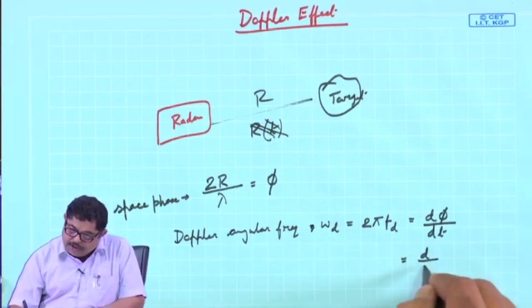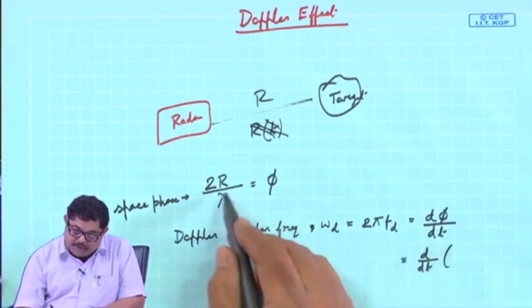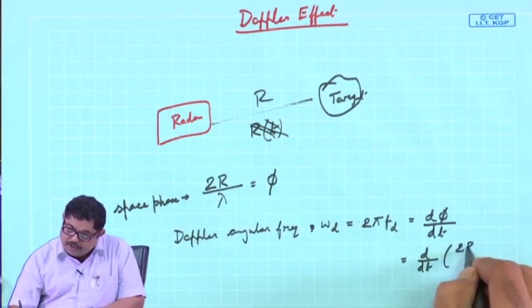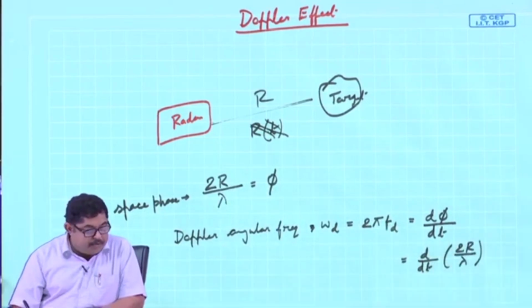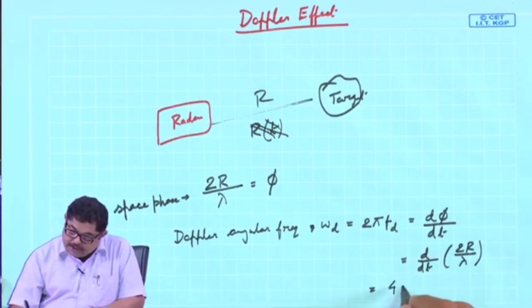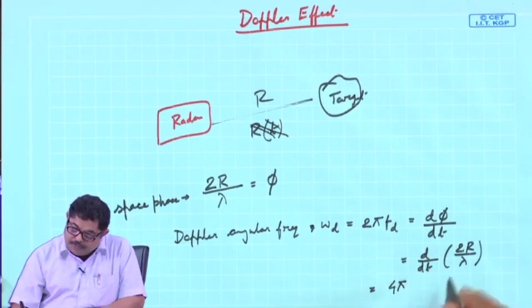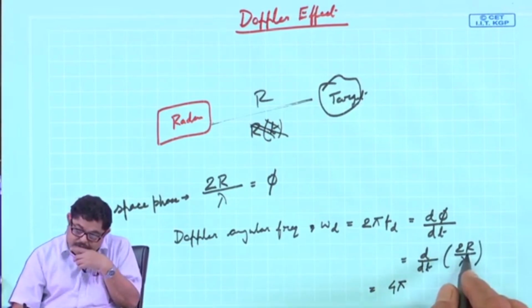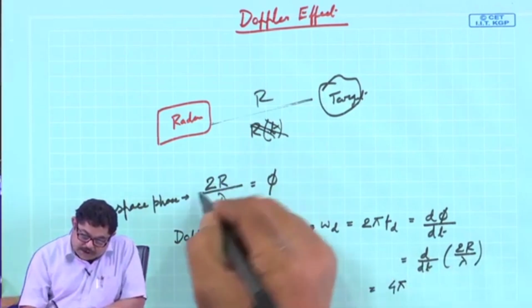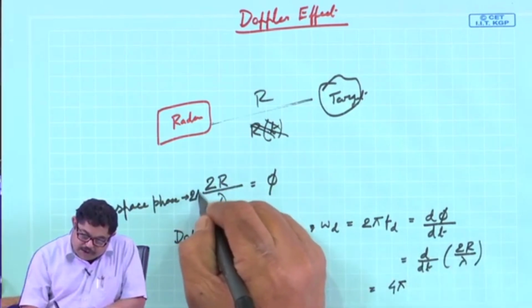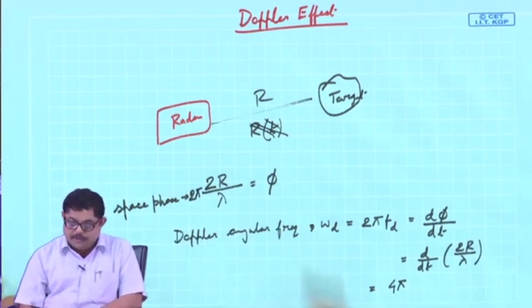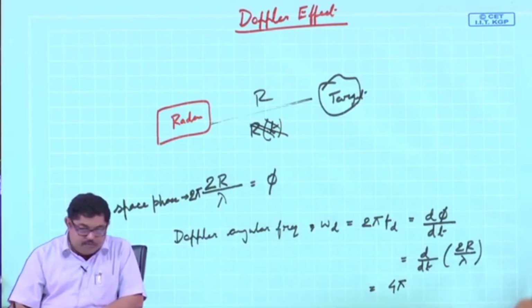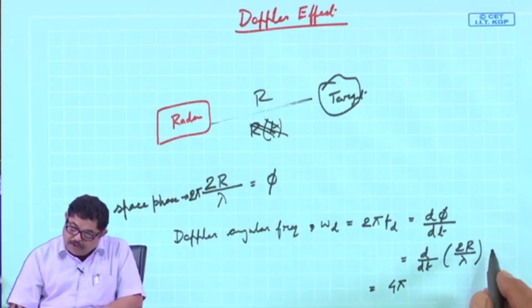So this is d/dt of, now let me put this value 2r by lambda, the space phase. It will be 2 pi into 2r by lambda.